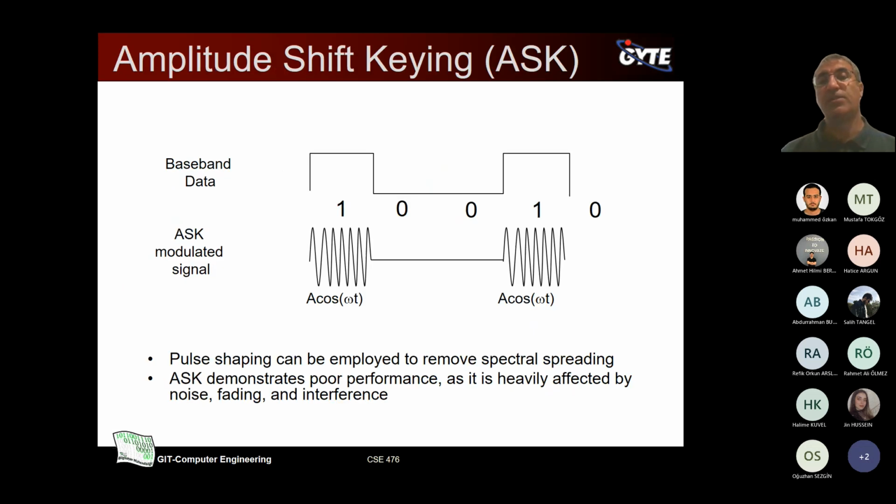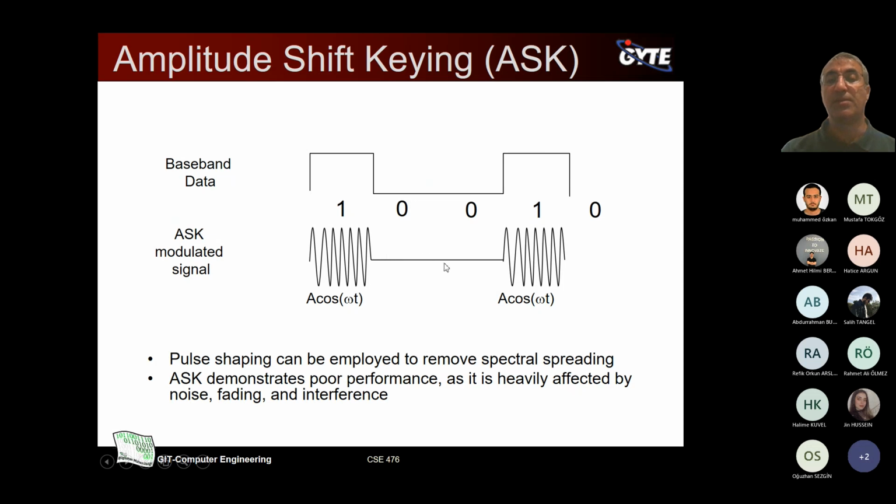So let's start with the first as an example, which is ASK, amplitude shift keying. This is your baseband data. It can be a text or video or image. So I'm trying to transmit 10010, which represents your information. As you see, if it's a bit 1, my amplitude is A. And if it's a bit 0, my amplitude is 0.